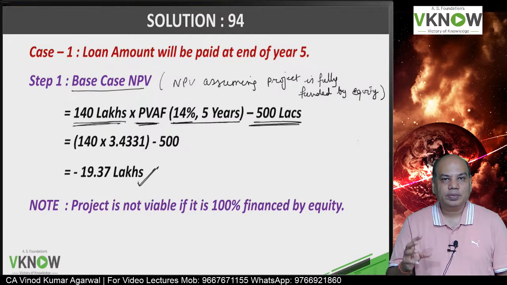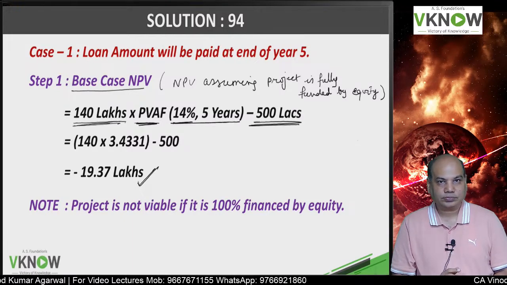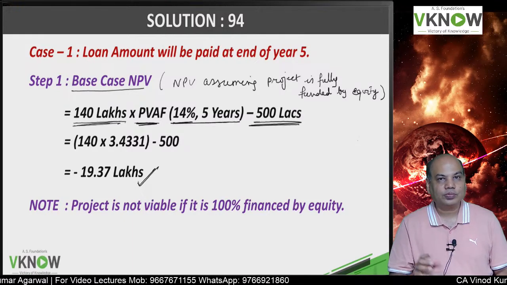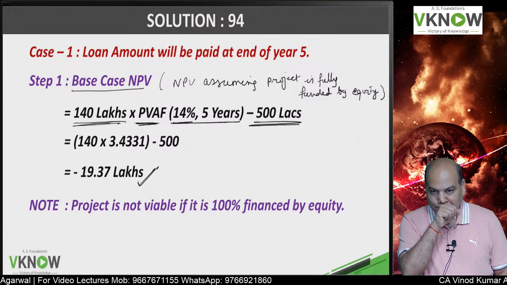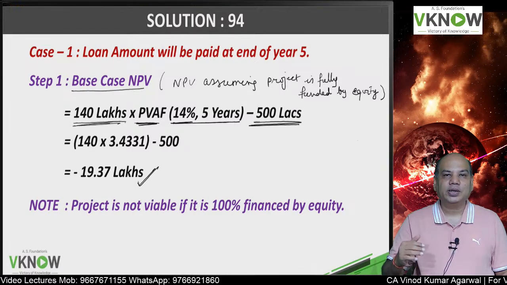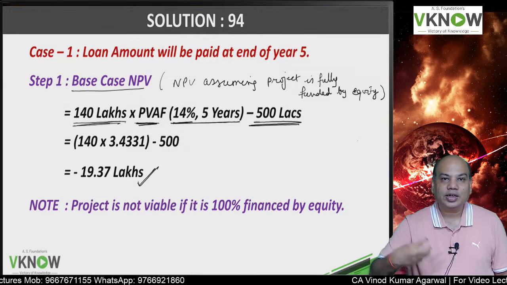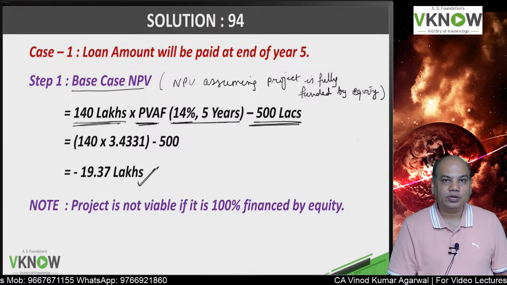But management has not financed it 100% by equity. Management has also borrowed some money. So let us see how by borrowing 200 lakh of debt, it can improve the NPV of the project.